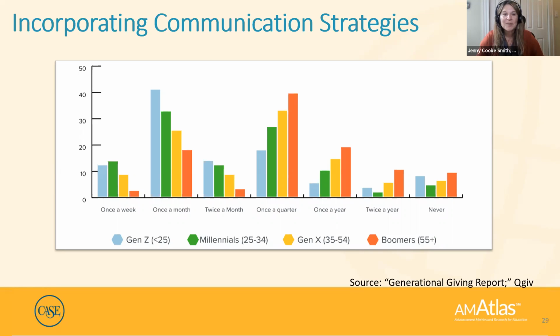And so, this is not just the how often do you want to be asked for a gift, but this is really that how often do you want to hear about what's happening? And again, that virtuous circle as we think about those mutual beneficial pieces. And notice that when we look at our younger generations, our Gen Z and our millennials, that they're both sort of clustered there in that once a month, which is actually more frequent than we're seeing for those older generations.